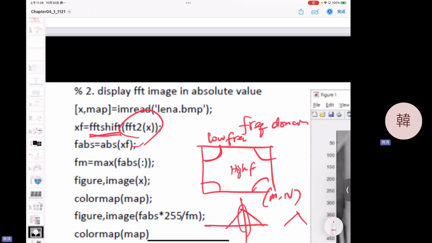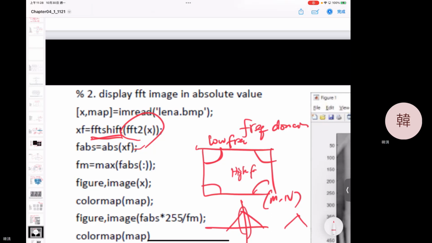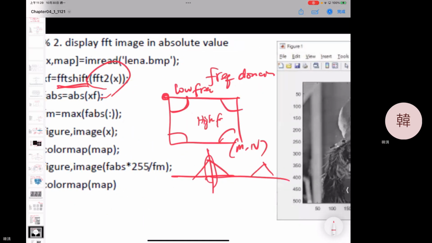So low frequency is at this corner. But it looks ugly because all your low frequency energy is at the corner of the N by N size frequency image. So how can we do it?